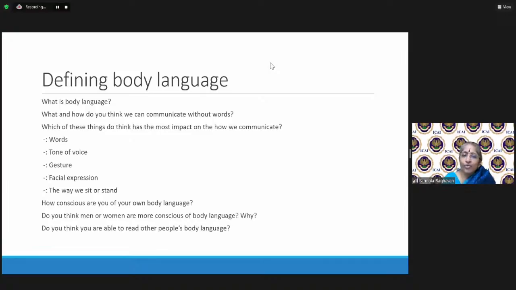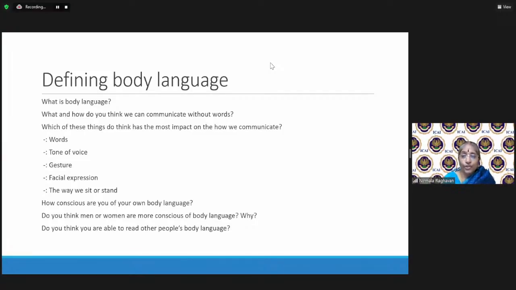Do you think men or women are more conscious of body language? Why? I think both of us are, men and women, right? The way you walk into a room, the way you sit, you position yourself, the posture, not stretching your legs, sitting like this. Do you think you're able to read other people's body language?